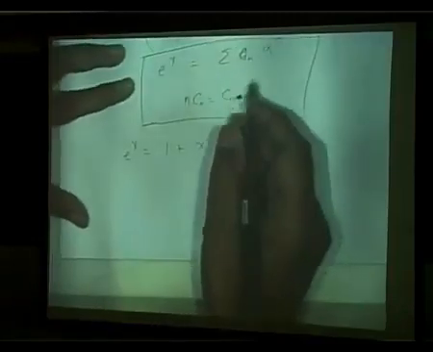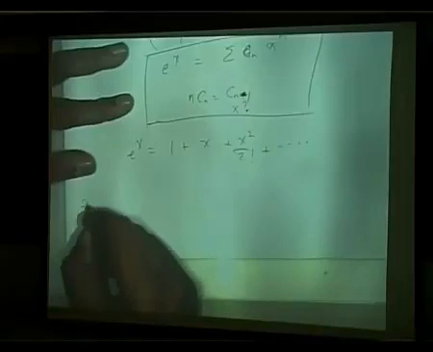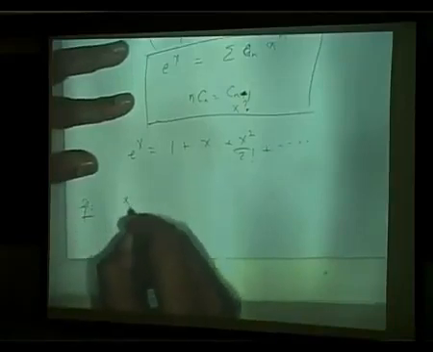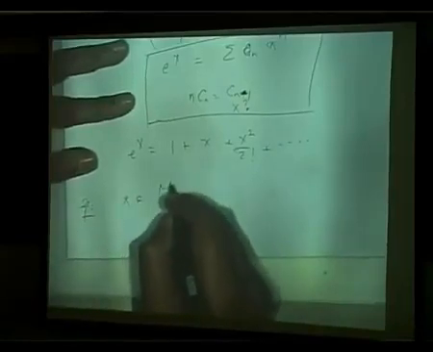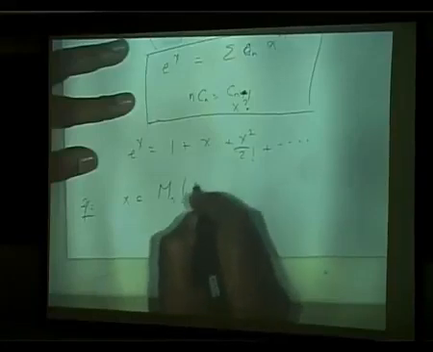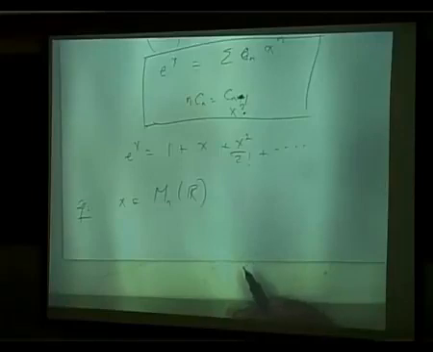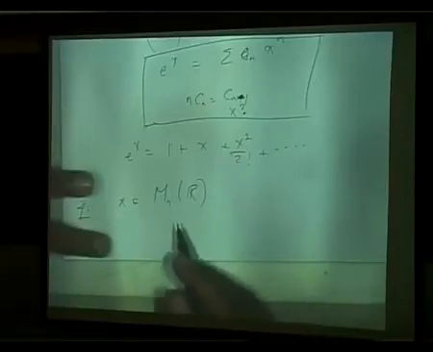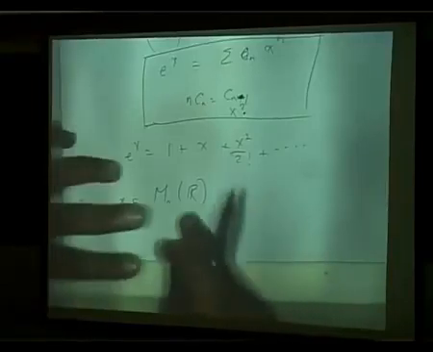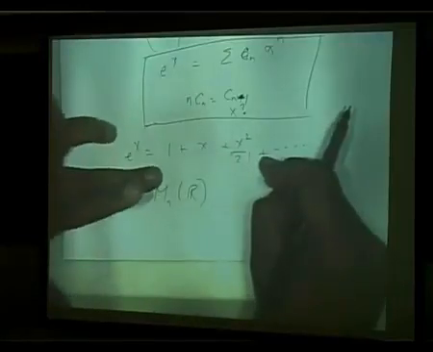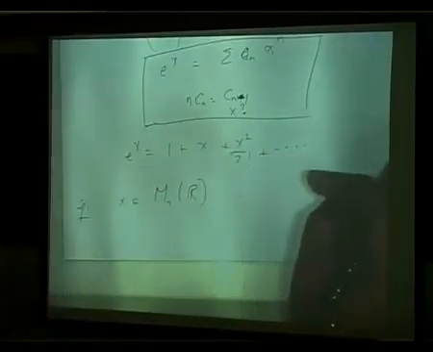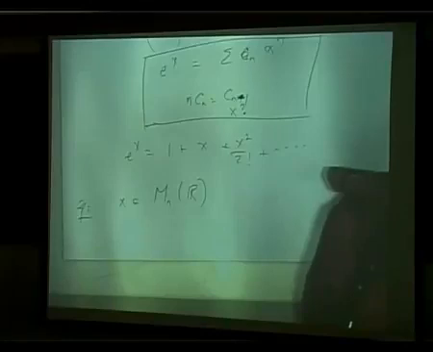So for example, this will make sense for x an n by n matrix. You take an n by n matrix, then every term of the series makes sense. You know how to multiply a matrix by itself any number of times.